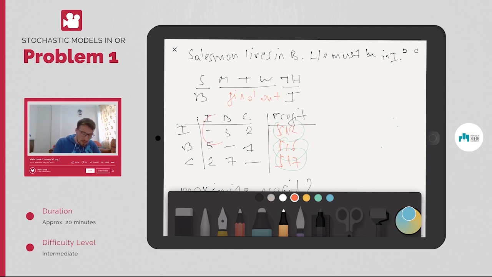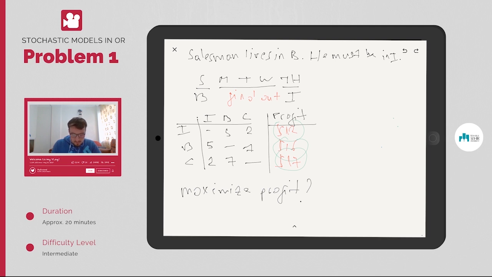As an example, the cost of traveling from Bloomington to Chicago is $2, and likewise $2 from Chicago to Bloomington. In this question, we are trying to determine the path we should take. So this is a network problem, and the question is asking us to maximize the profit.